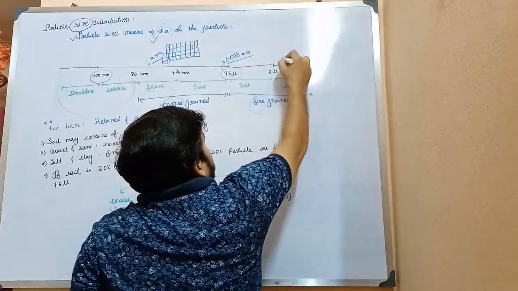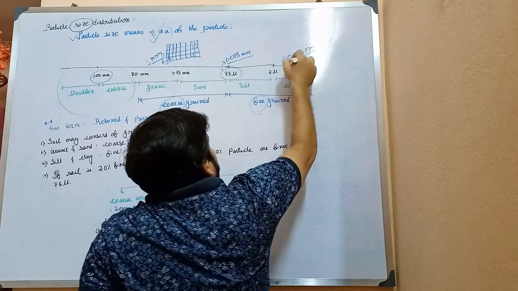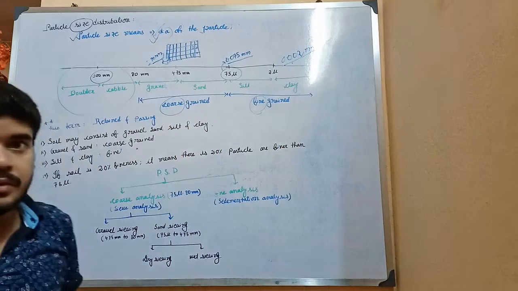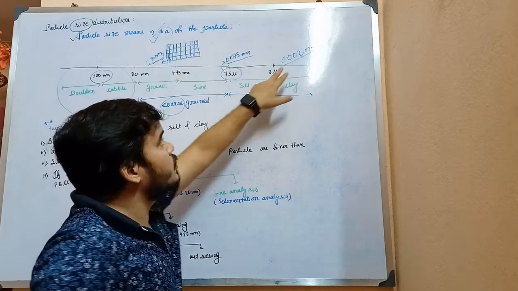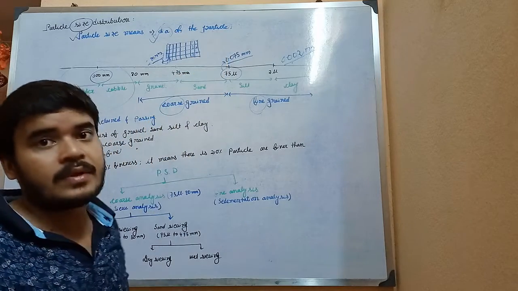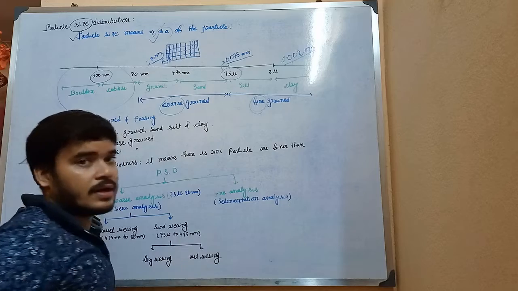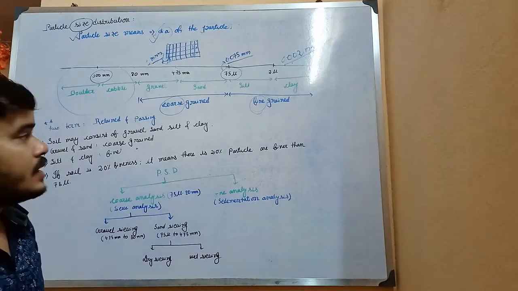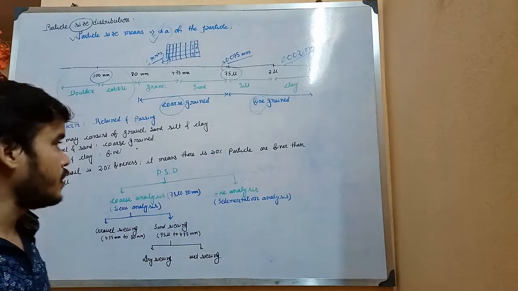That means 0.002 millimeter. That means the size of one box is 0.002 millimeter and the size of one box is 0.075 millimeter. That's why the size is very small in the case of silt and clay. That's why it is called fine grained soil.